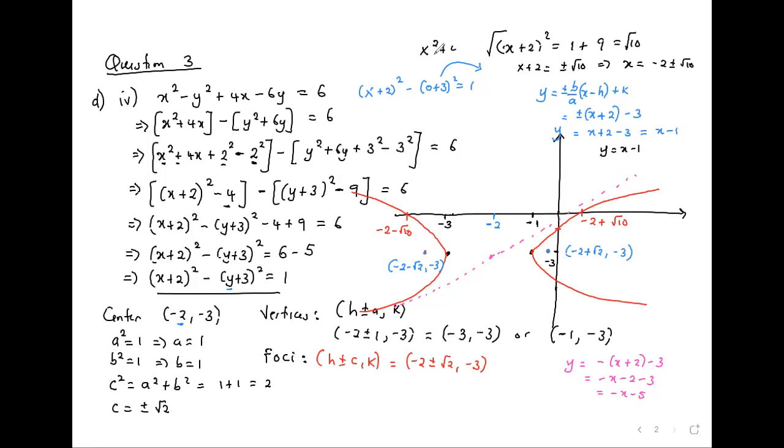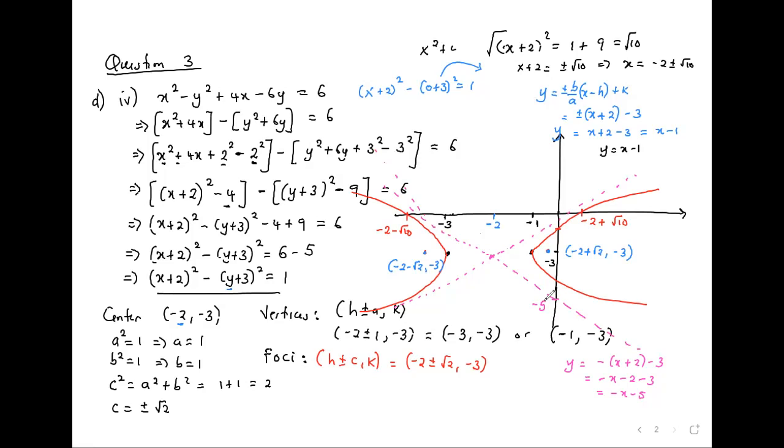When y is 0, we get negative 5. So this guy is touching somewhere here. It comes from here, goes like this, and comes like this.